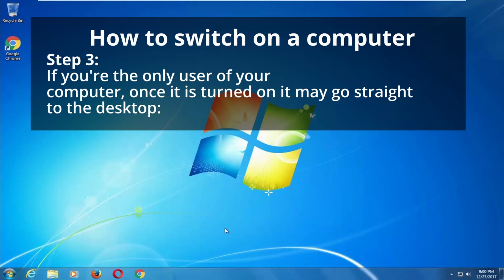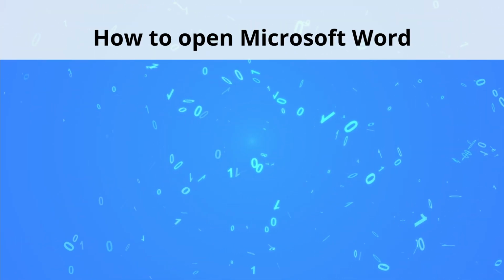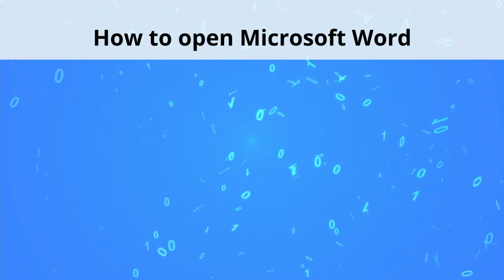Otherwise, if no username and password is required, it will go straight to the desktop. That's how you switch on the computer. Let's look at how to open Microsoft Word.